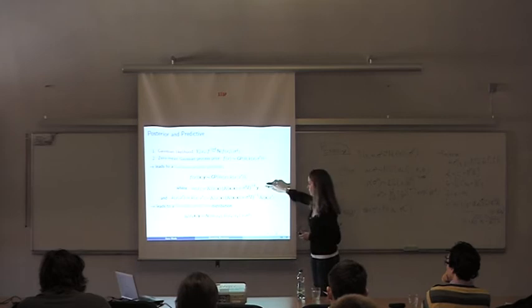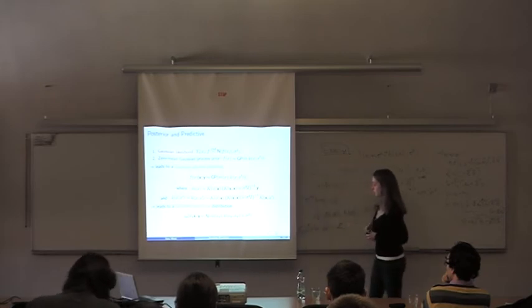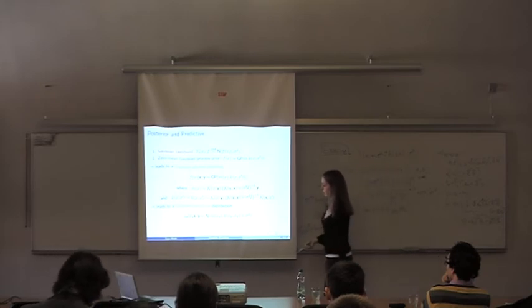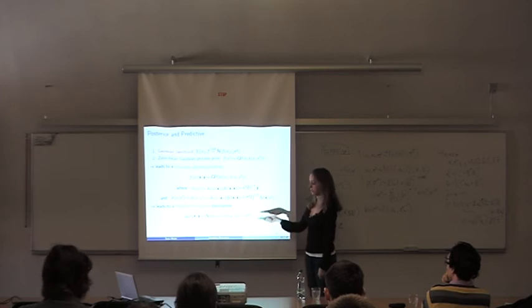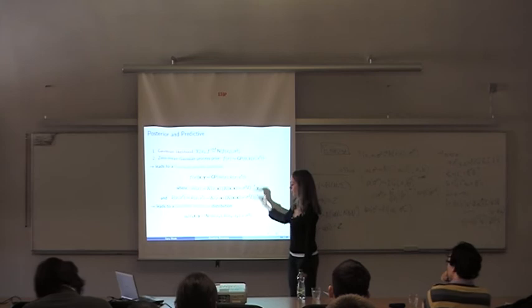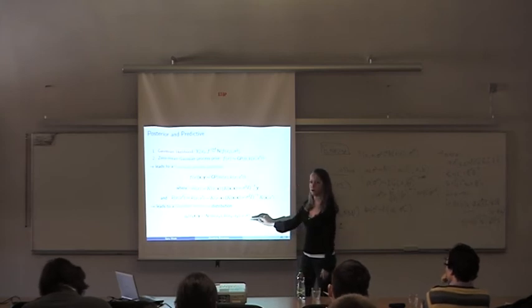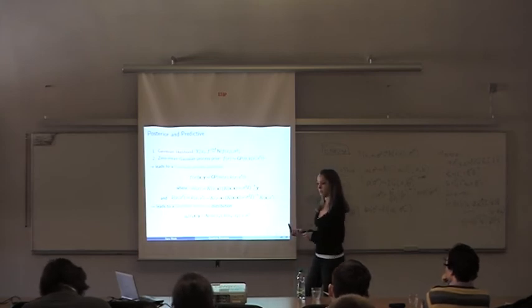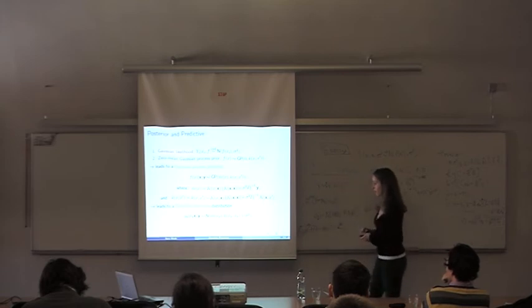Here's the form of the updated mean and covariance functions, and we'll talk about those in a second. The predictive distribution is also Gaussian, and it's the same as before. We just add a sigma squared term for the error term that we're adding to f of x.